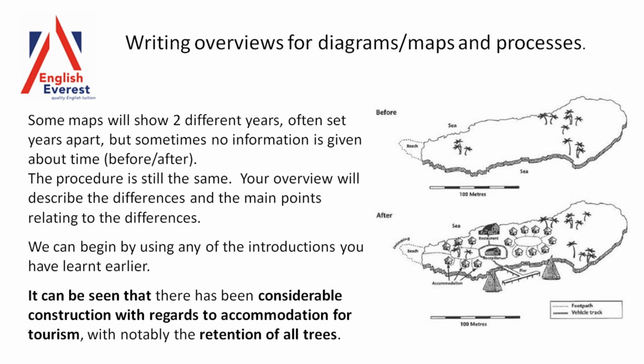Make sure you know what's there and check it thoroughly. Some maps will show 2 different years, often set years apart, sometimes 20 years, 50 years, sometimes 5 years, it doesn't matter. But sometimes no information is given about time.